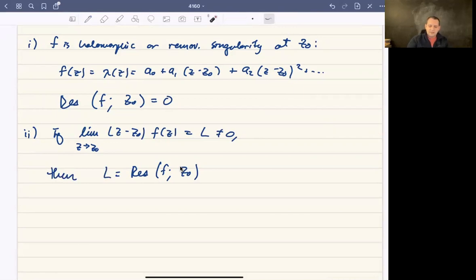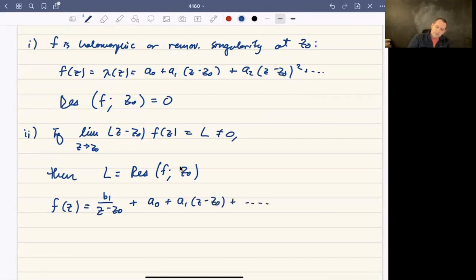If this limit is going to exist but not equal 0, then this forces, and I'm being a little hand wavy here, that there's no other scenario where this works except where you take a function that looks like b1 over (z minus z naught) plus a0 plus a1 times (z minus z naught), and so on. The function f has to look like that.